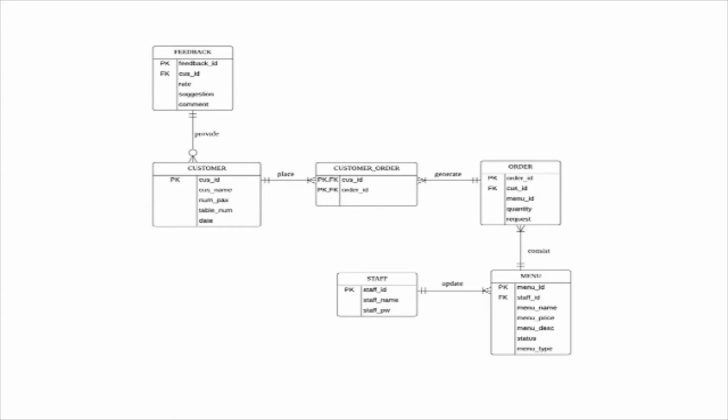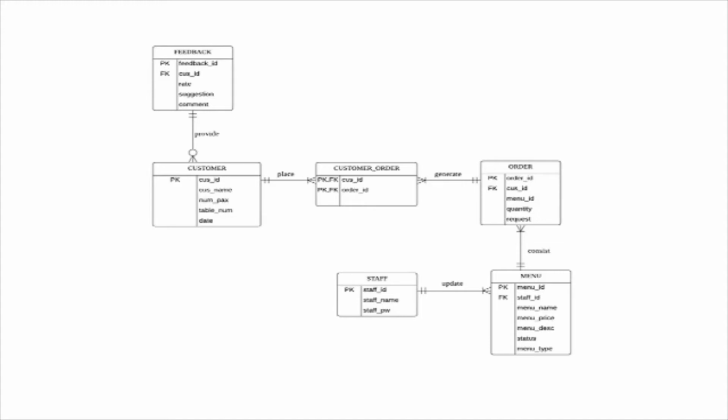Each customer order generates one and only one order, and each order is generated by one or many customer orders. So the attributes in the order entity are order ID, cust ID, menu ID, quantity, and request. The primary key in this entity is order ID, and the foreign key is cust ID.